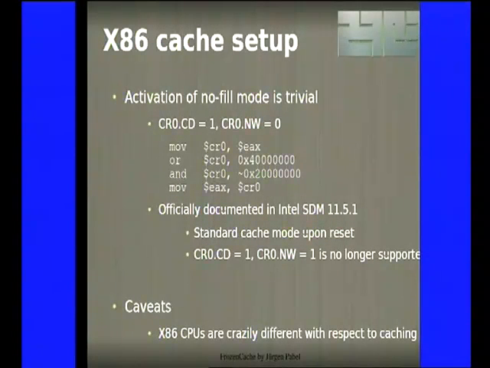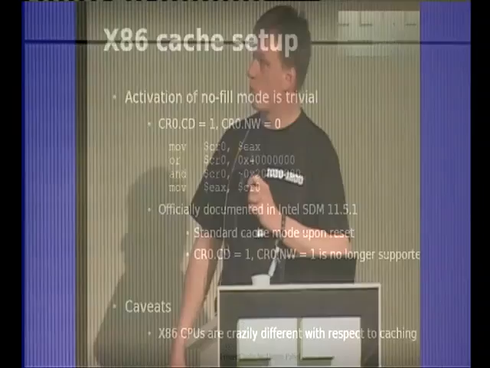But side effects could be something like, when I have this no-fill mode activated and want to know about caching statistics, how much data the cache has held, how many hits have been done to the cache, or how many misses have occurred, that varies a lot depending on what specific CPU you have. We'll get to it a little bit later, but that turns out to be a little difficult to handle in a generic way to assure that the initial goal, keeping data in the cache, is actually accomplished. So it makes it harder to verify.